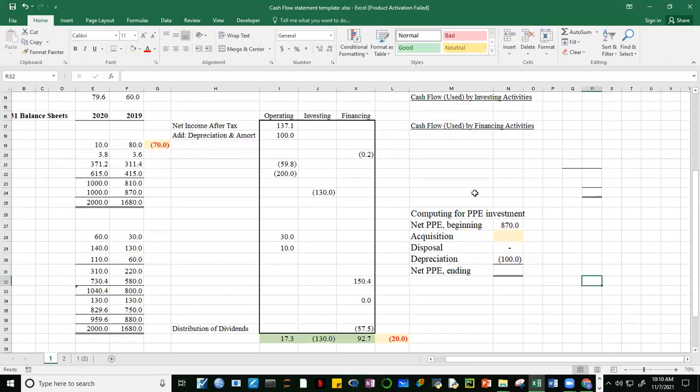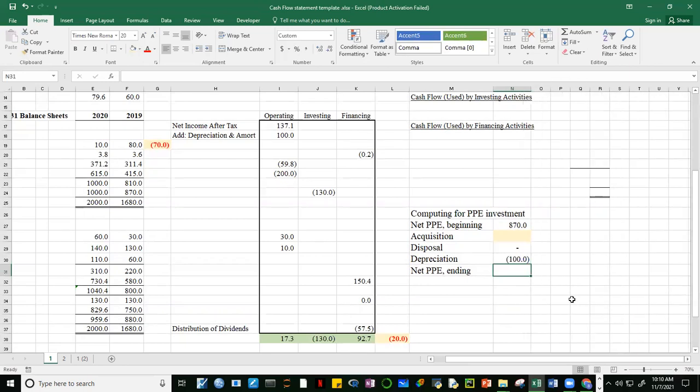Let's take a look at this. 870 plus your acquisition minus your disposal minus your depreciation will give us the net property, plant, and equipment. So we can add these accounts now. If I made this positive, then I should set the formula: the beginning plus acquisition minus disposal minus depreciation.